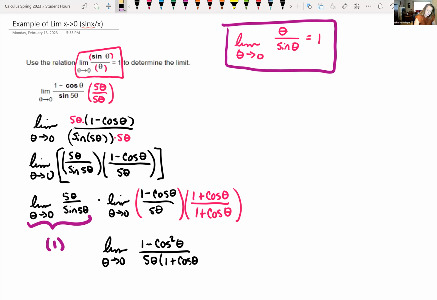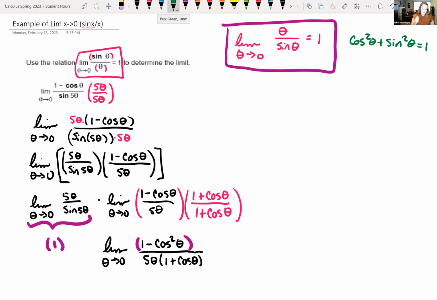So I notice here at this point that I have a form of a trig identity, 1 minus cosine squared theta. So recall back in trigonometry, you had that Pythagorean identity that said cosine squared theta plus sine squared theta is equal to 1.